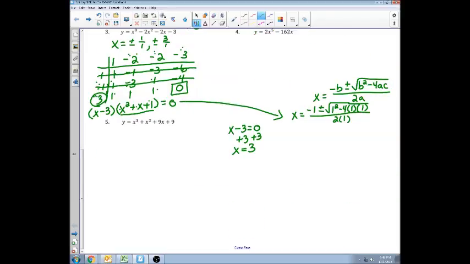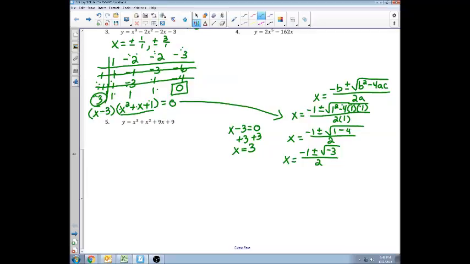If I simplify everything there, I would have negative 1 plus or minus the square root of 1 squared would be 1. Negative 4 times 1 would be negative 4 all over 2, because 2 times 1 is 2. So x would equal negative 1 plus or minus the square root of negative 3 over 2.